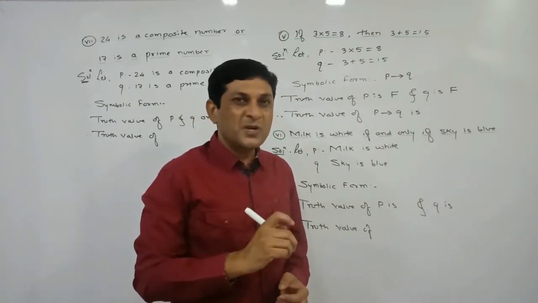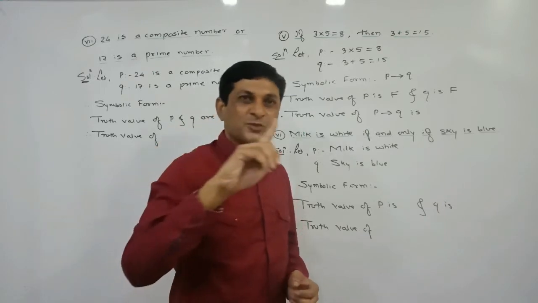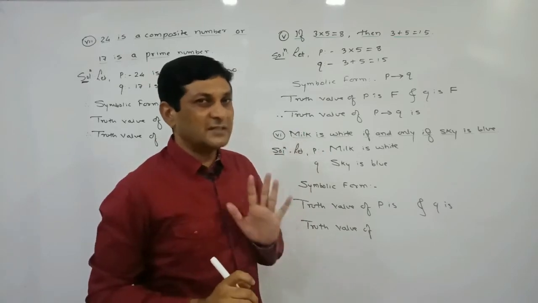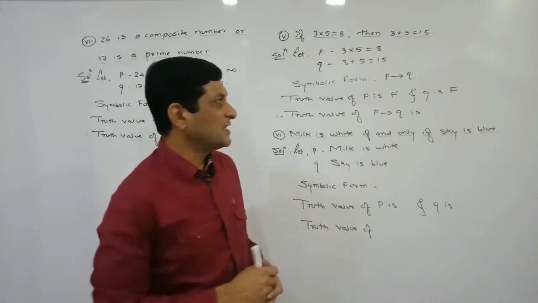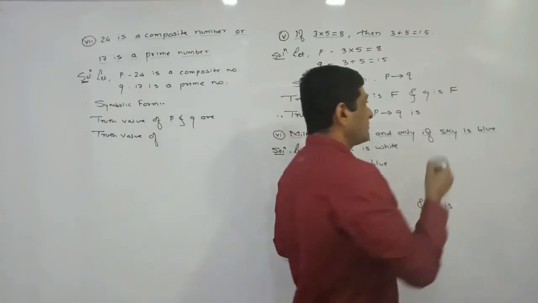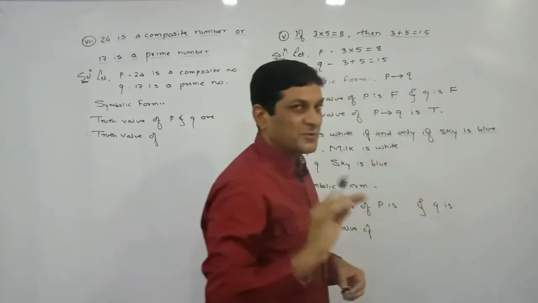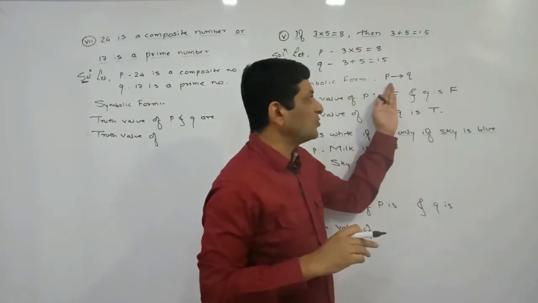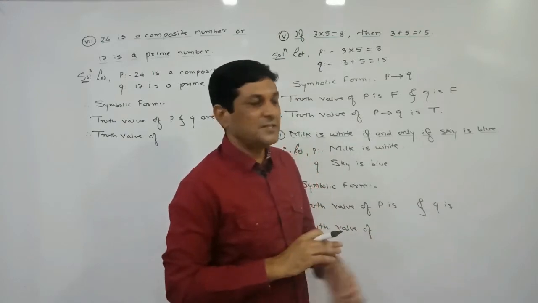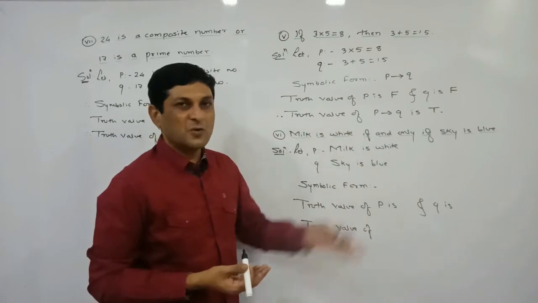In that case, implication is false only when the first statement is true and the second statement is false, that is, T implies F. But here we have F implies F, so we get true, because that possibility does not appear here. That's why implication is true, and in this way we have the truth value of the given statement.